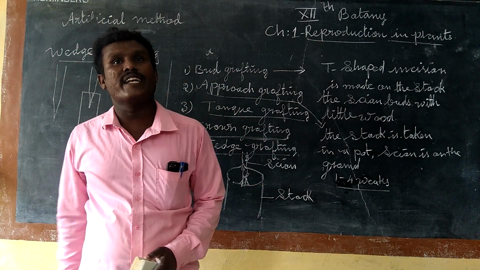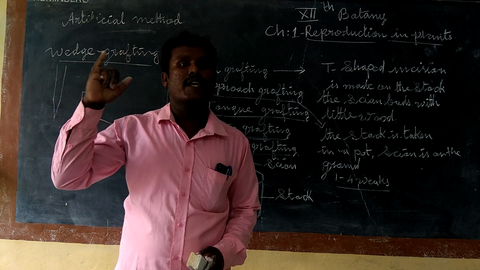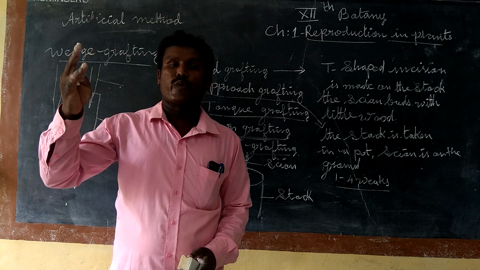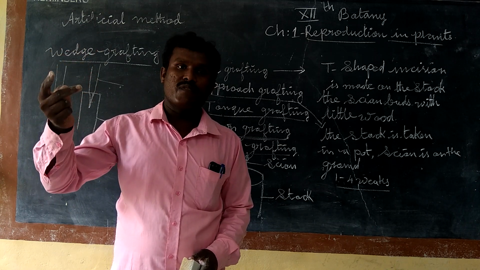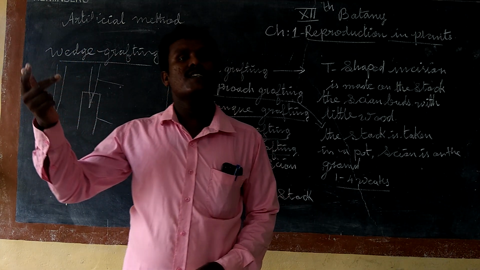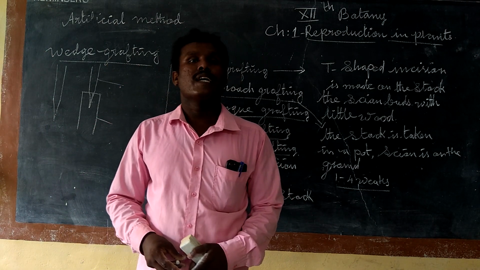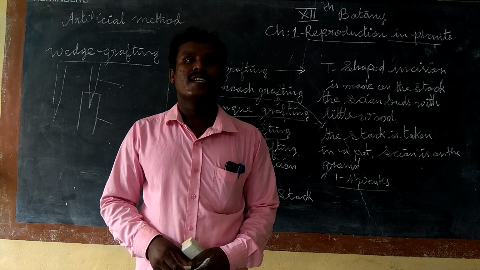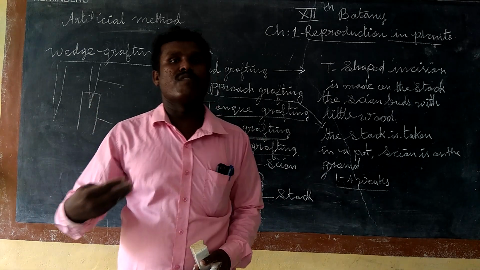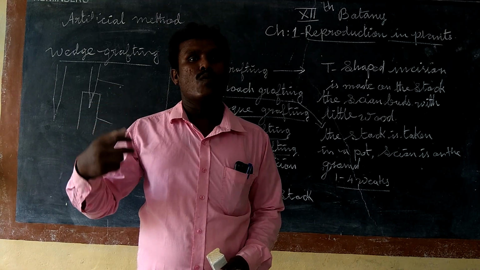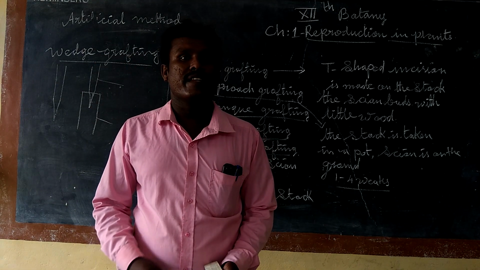In this class we learned about bud grafting, approach grafting, tongue grafting, crown grafting, and wedge grafting. These are the five different types of grafting technique we learned in this class. Next class we will learn about layering and the methods of layering.